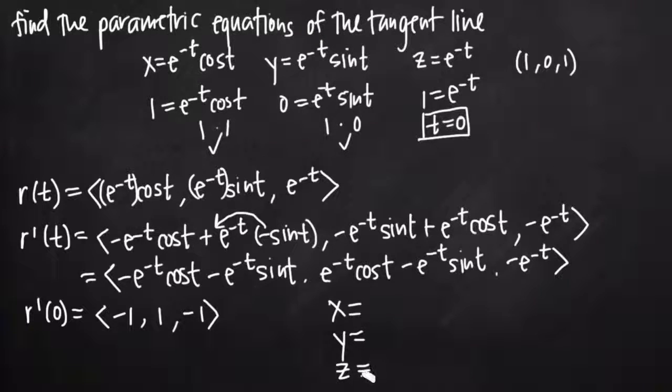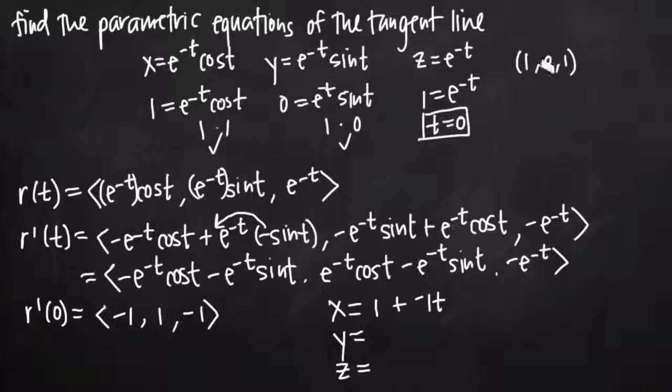And to find these parametric equations, here's what we do. We take the corresponding value from the coordinate point. So for our x equals equation here, we take the x value from our coordinate point, that's 1, and we say 1. Then we add to that the corresponding value from our vector over here multiplied by the parameter t. So we add to that the corresponding value over here, negative 1, and multiply it by t, so we get negative 1 times t.